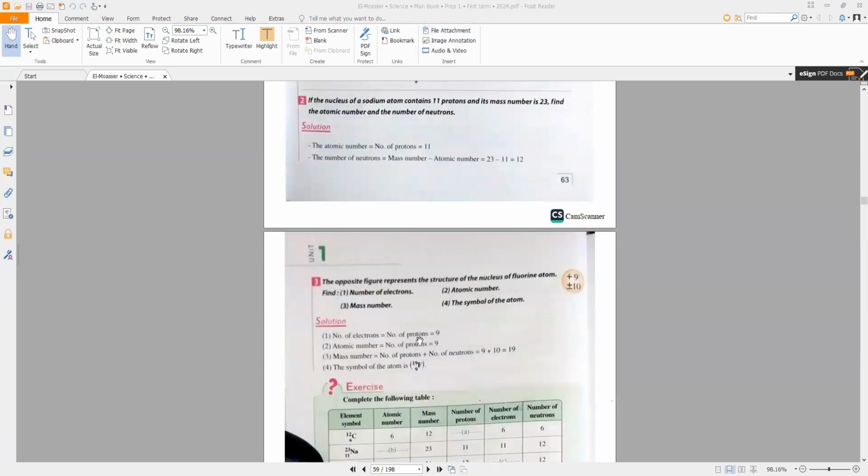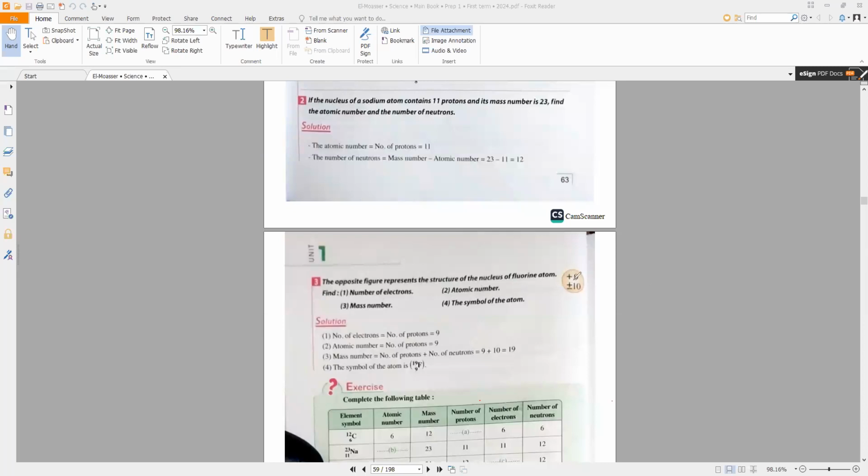Let's answer another question. This figure represents the structure of the nucleus of a fluorine atom. Find the number of electrons, atomic number, mass number, and the symbol of the atom. Let's translate this figure.